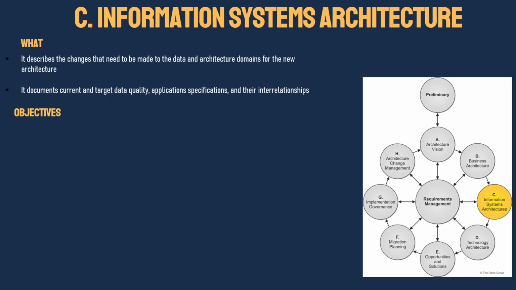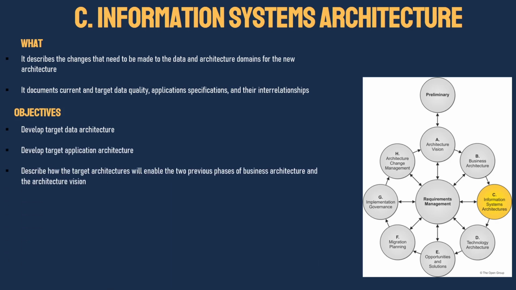Our primary goal is to develop a target data architecture and the target application architecture. We also want to describe how the target architecture will enable the two previous phases of business architecture and architecture vision.